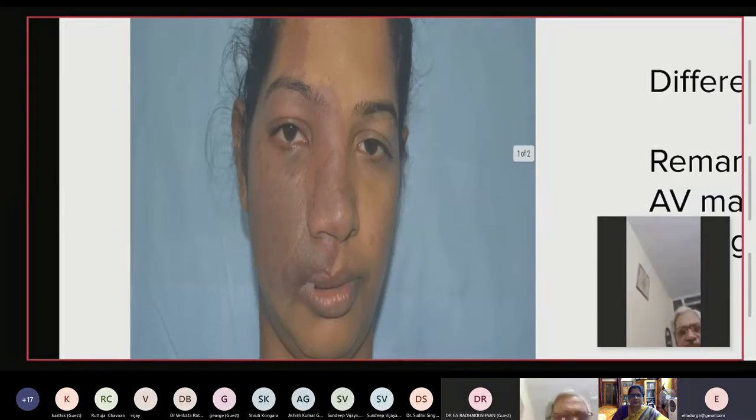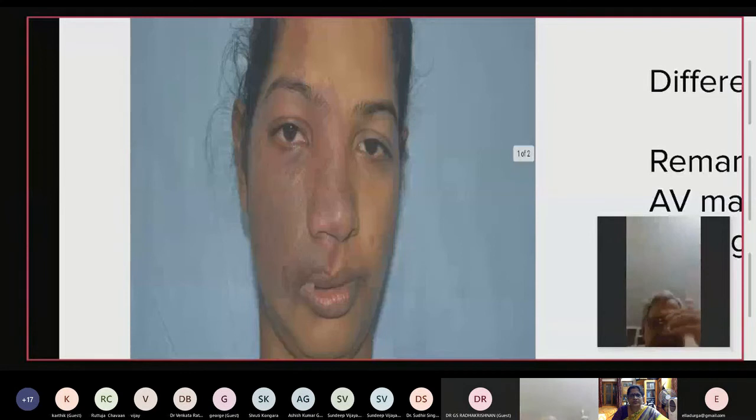What you can do is, after a PDL, I agree 100% with you that a pulse dye laser is the best option suited for this purpose. Whatever benefit you get out of the pulse dye laser, if you reach an end point and the lesion persists, ask the patient to use some sort of camouflage. Lots of camouflage creams are available where we can match the tone with the opposite side.